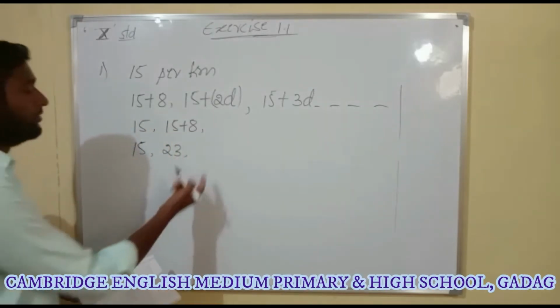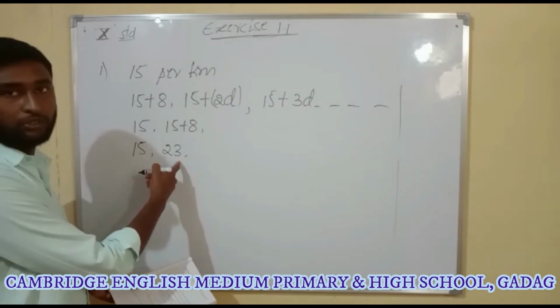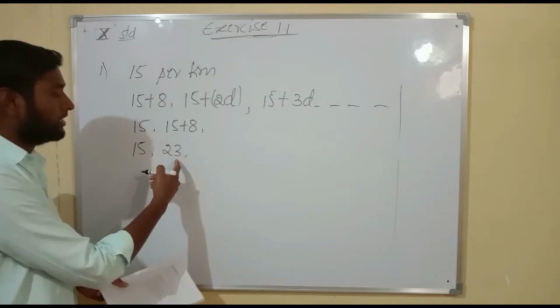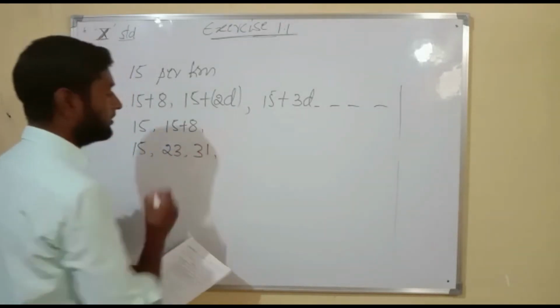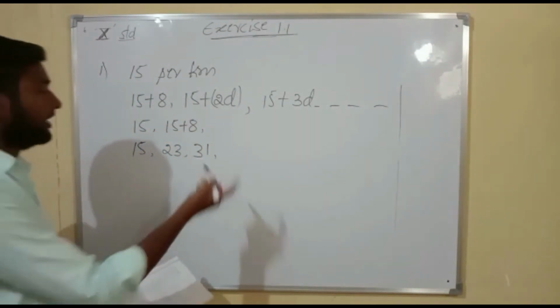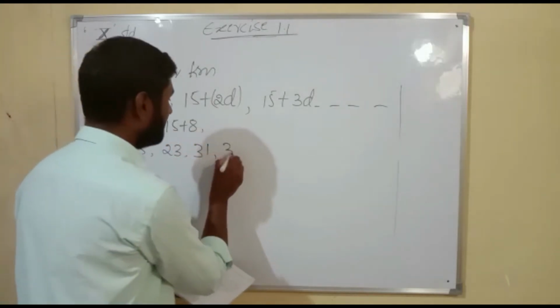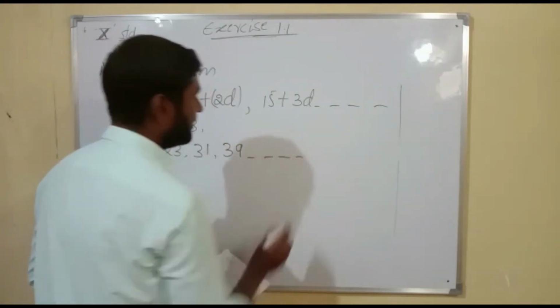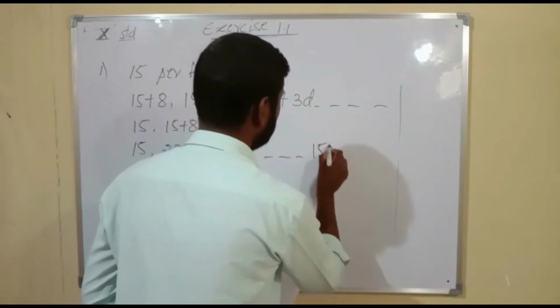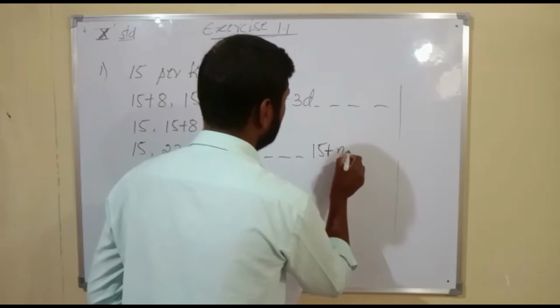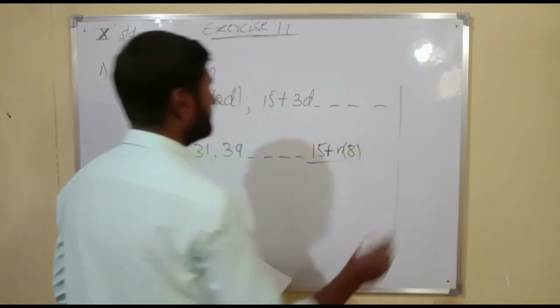Again you add 8 to 23 to get the next one: 23 plus 8 is 31. Again you add 8 to this 31, and so on. We can write it as 15 plus nD, where D is 8.